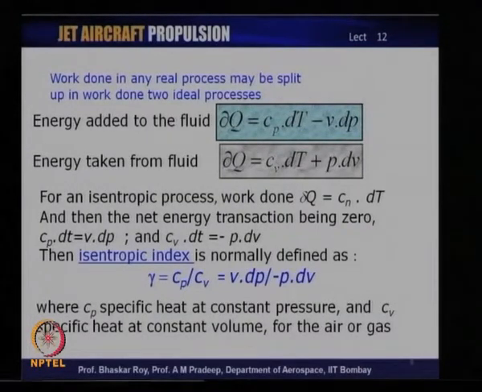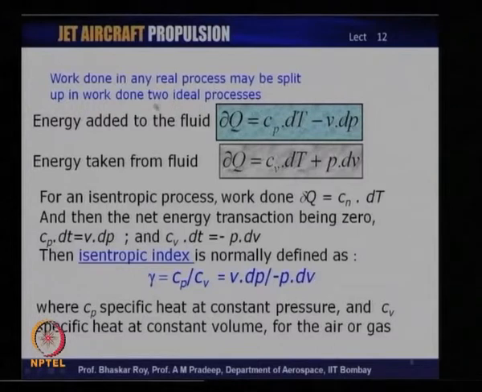So, delta Q, the heat added to or subtracted from the system, is likely to be 0, in which case C p dT would be equal to V dp, and C v dT would be equal to minus P dV from the above equations.